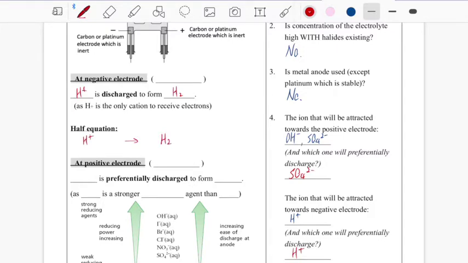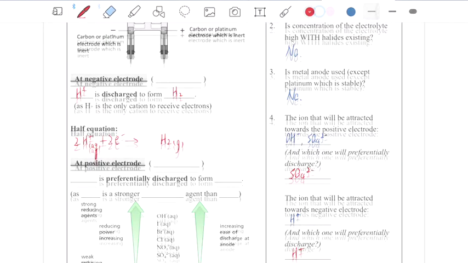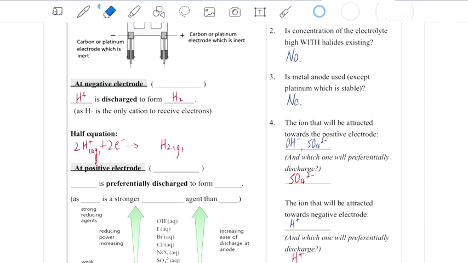Remember to balance the total number of atoms and balance the charge. And finally, add the state symbols. In this case, H plus is going to be aq, and the hydrogen gas produced will be in gas state. H plus gains electrons in a reduction, so we call this the cathode.